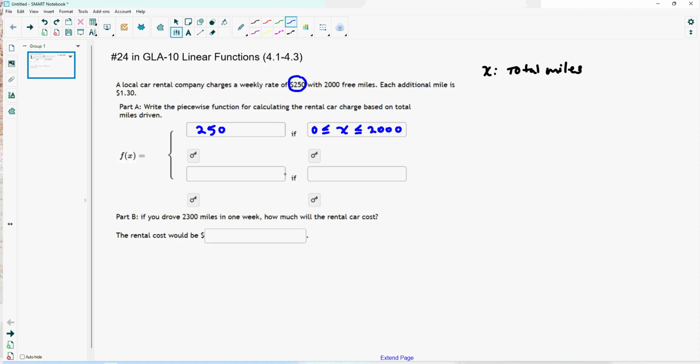However, if our total number of miles goes above 2,000, then our charge is going to be different.